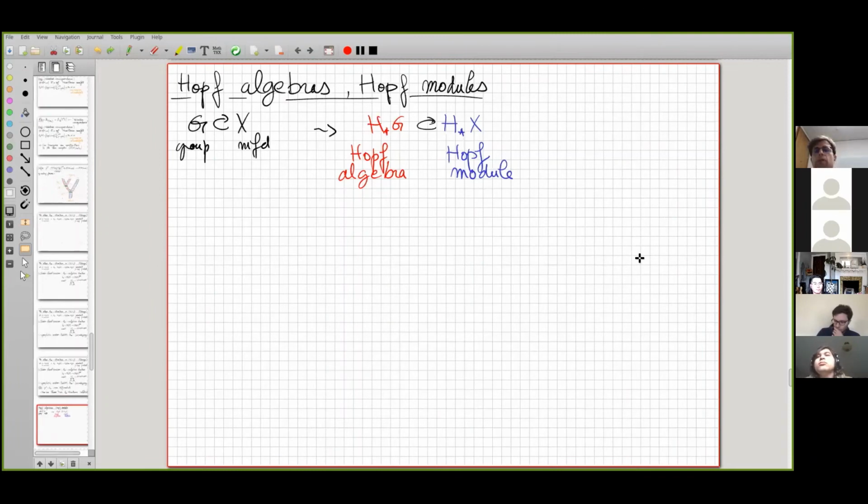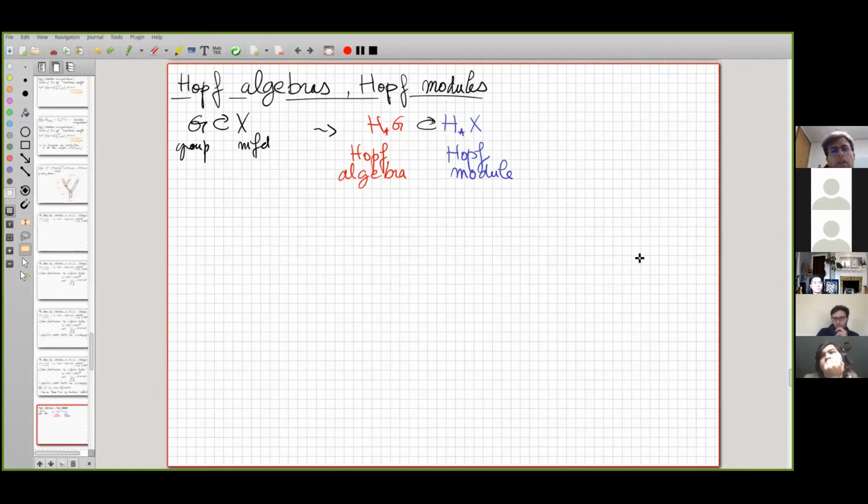So let me recall what a Hopf algebra is. I'm not going to give the full definition, but the prototype of a Hopf algebra comes from the following situation. Let's say you have a compact Lie group G acting on a smooth compact manifold X as before.